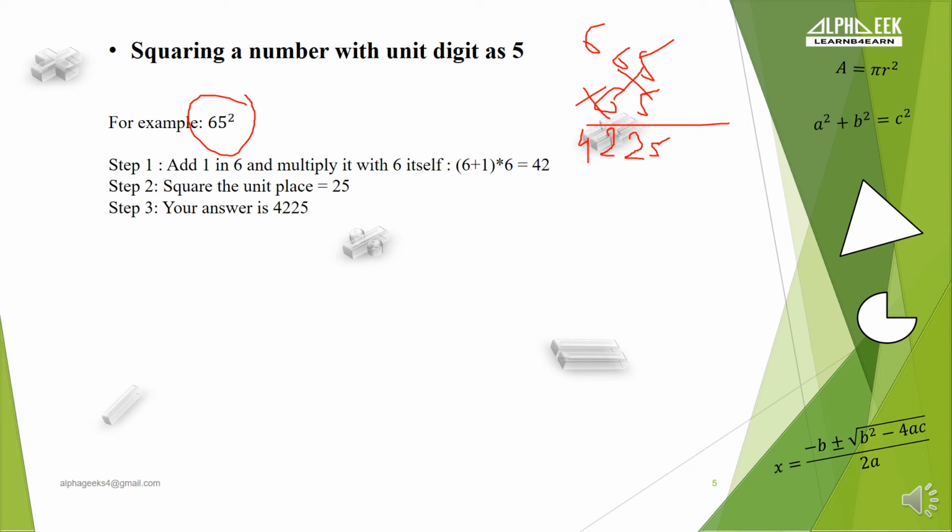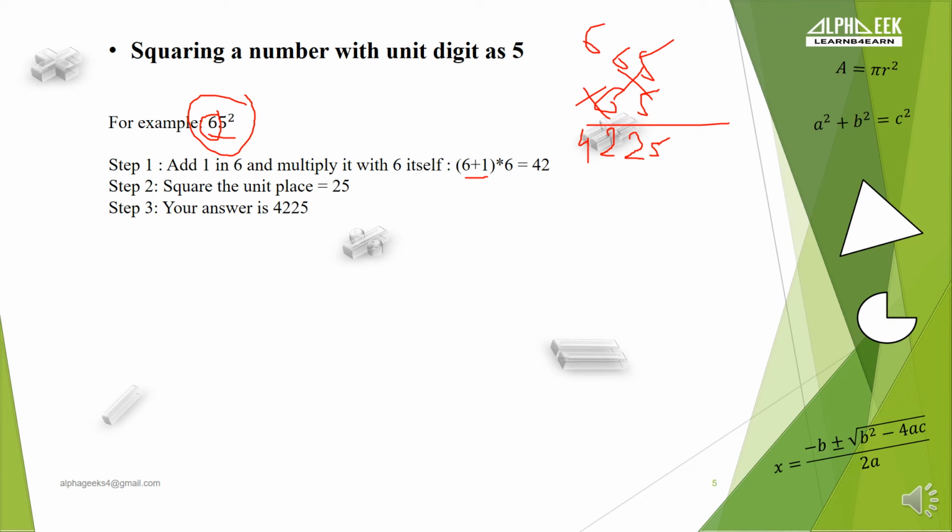So here we are, 65 square it is. Now what we'll do, we will add 1 to the number before 5. So we're adding 1 to 6 and we are getting 7. Multiply that 7 with the number before 5 itself.